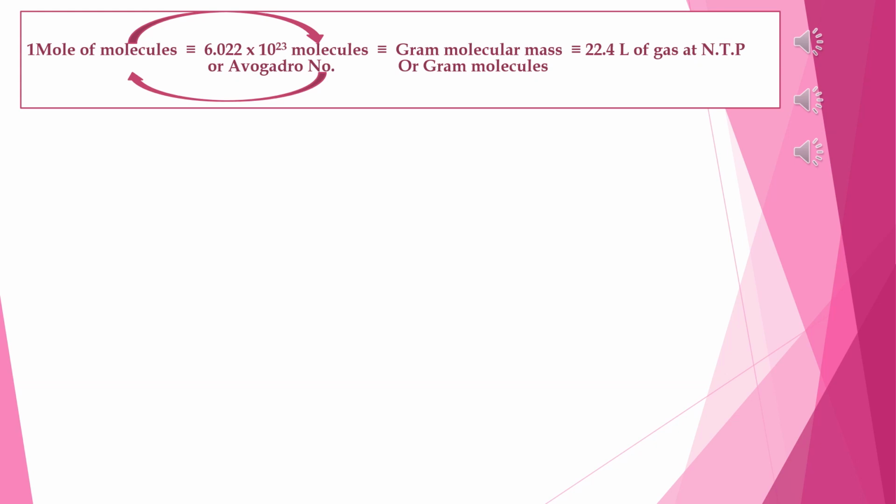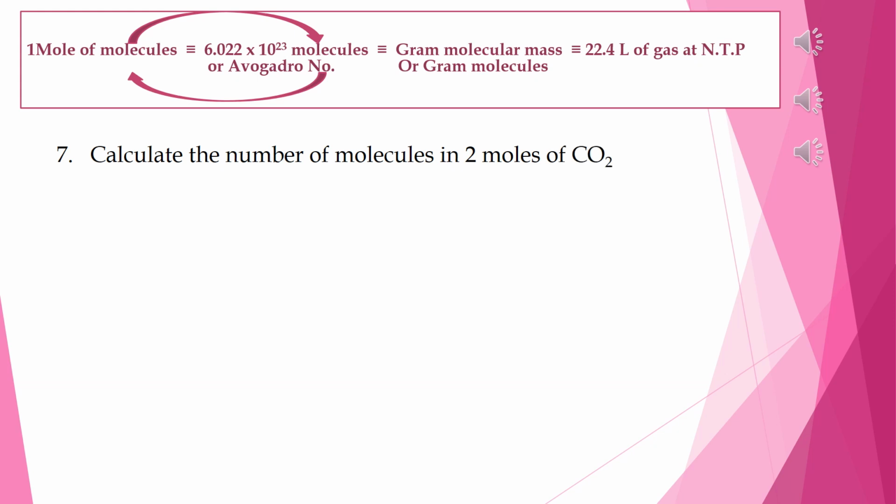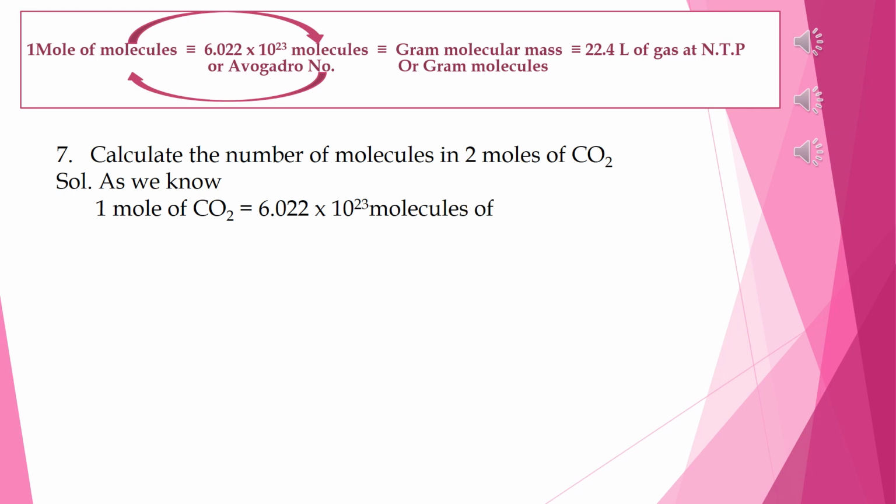So in the first numerical, we have to calculate the number of molecules in 2 moles of carbon dioxide. In this case, carbon dioxide is a molecule. As we know, 1 mole of carbon dioxide is equivalent to Avogadro number of molecules of carbon dioxide, which is 6.022 × 10^23 molecules.